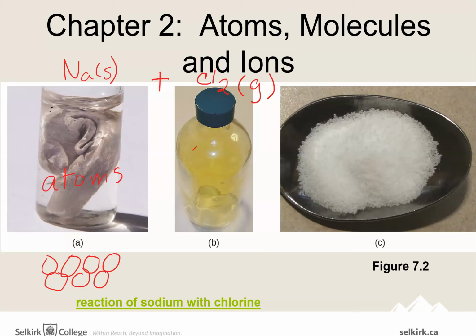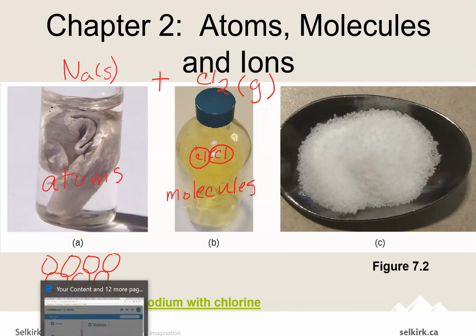In chlorine, the Cl2 in the formula tells you that two Cl atoms are bonded together to make a Cl2 unit, and those are molecules. Atoms covalently bonded together are molecules. And note that there's a big difference between Cl2 and two Cls.